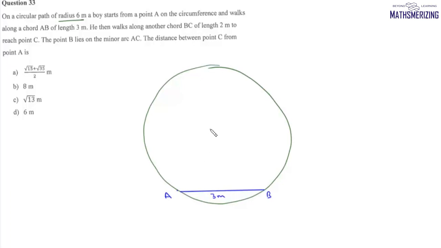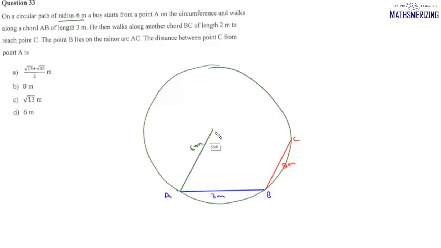And it is given that the radius of this circle is 6 meter. Now from B, it walks along another chord BC of length 2 meter. So now we have another chord which is BC, and its length is 2 meter. We need to find the distance between point C and point A.